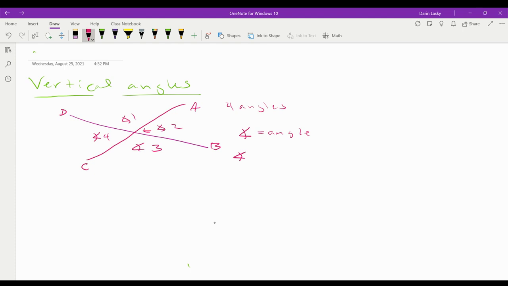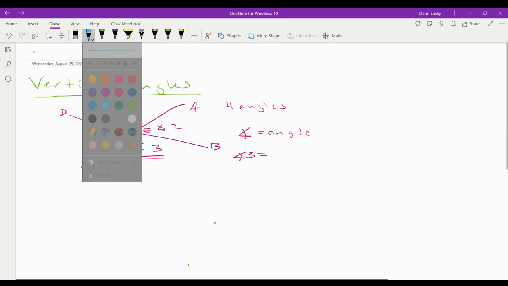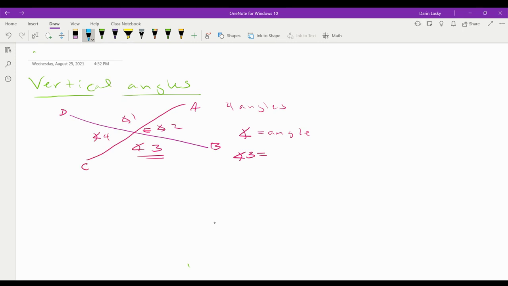We need a point in the middle right here. That's point E. So angle 3, this angle here, is equal to angle BEC. This angle right here is the angle we're looking for.